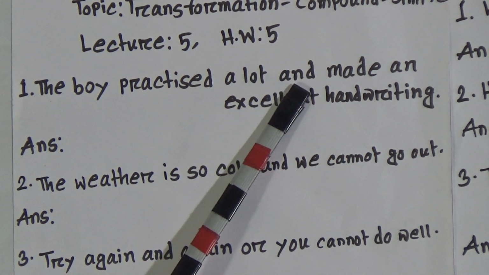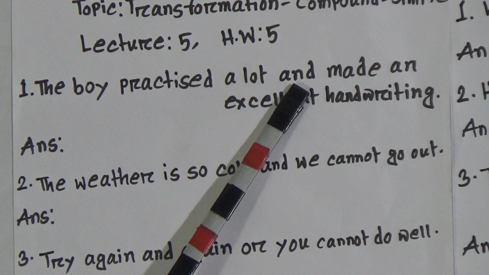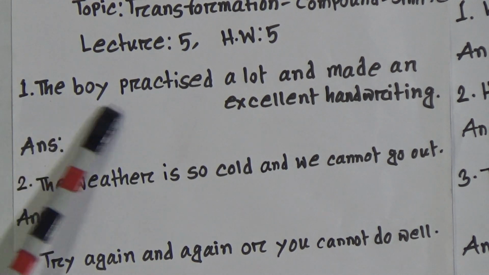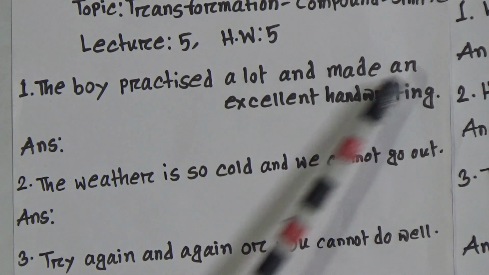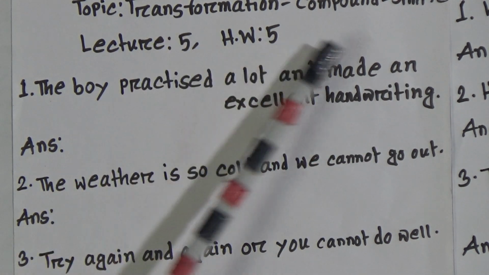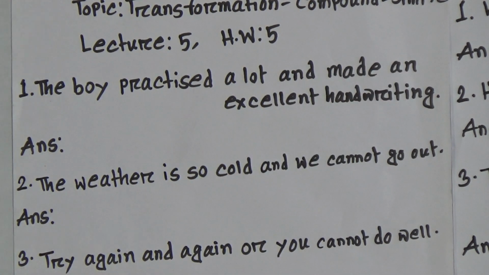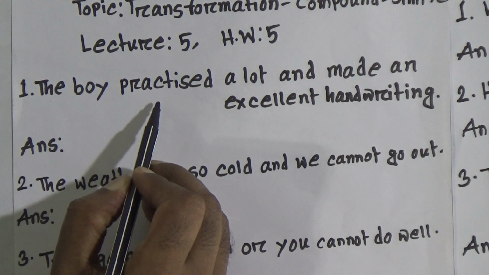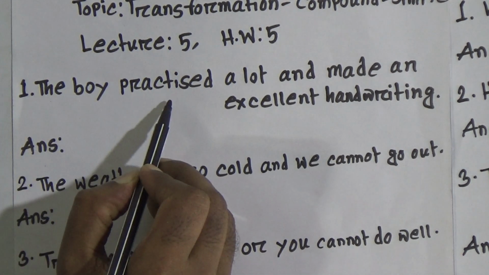Whenever in a sentence and is given, we will consider it as an example of a compound sentence. Now we will transform this sentence into a simple one. The boy practiced a lot. Look at the subject, it is the boy, and the verb is practiced.